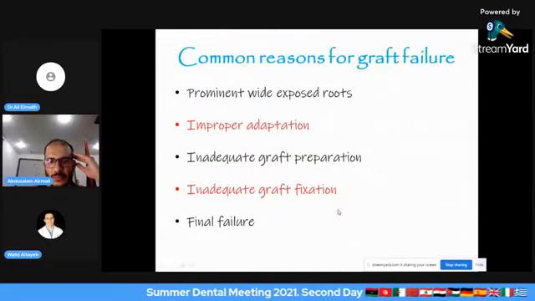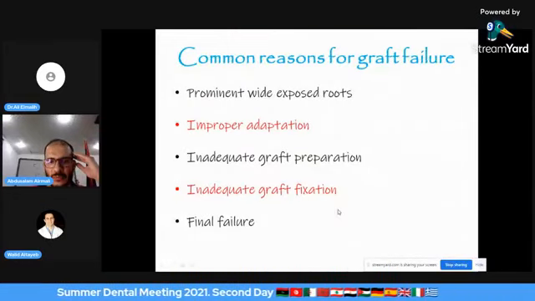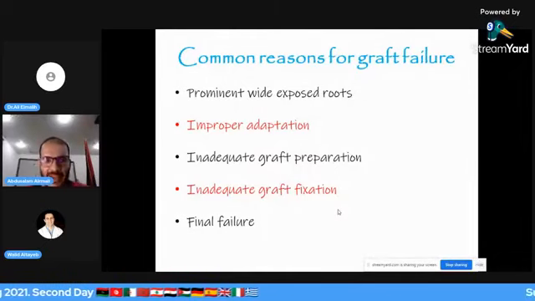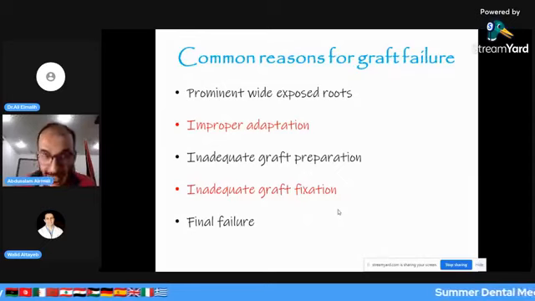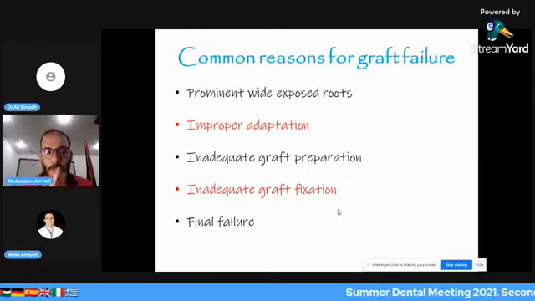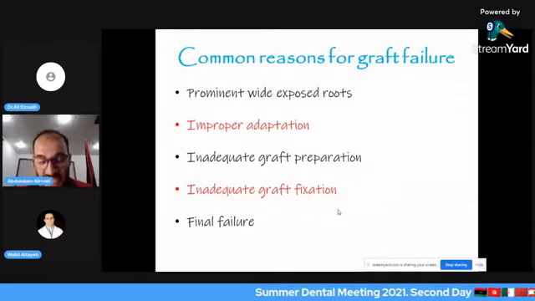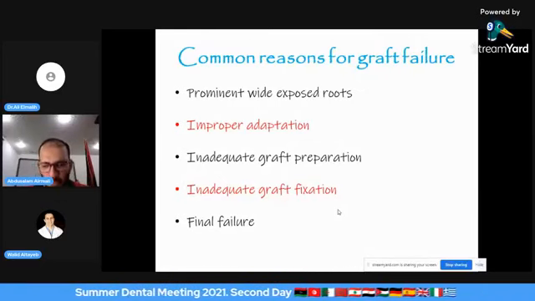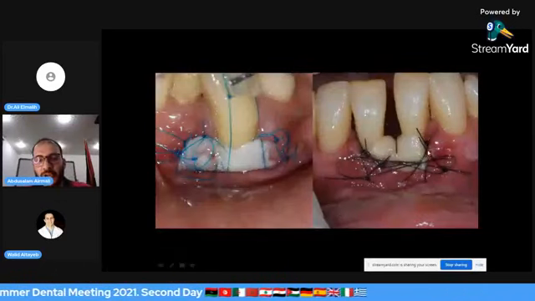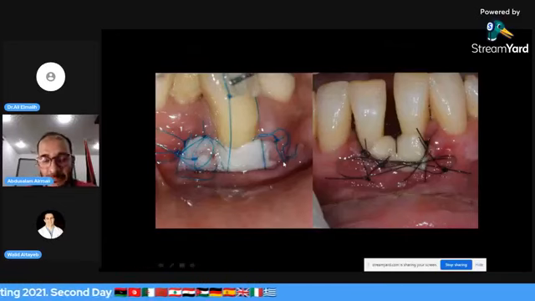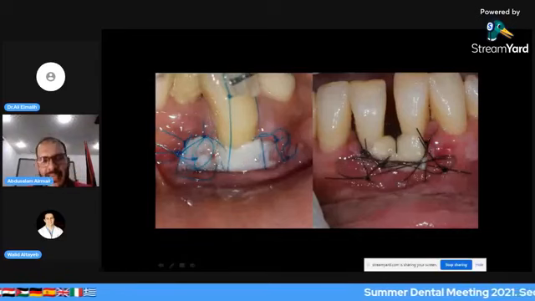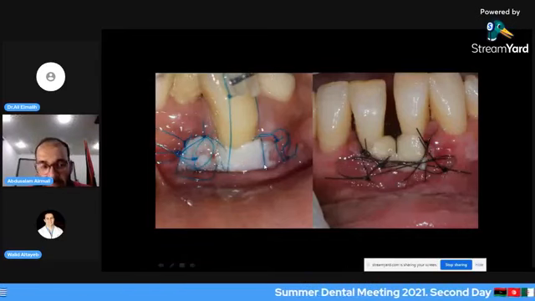So the last thing, the common reasons for graft failure. There are many factors that may cause graft failure, but the 2 main important factors are improper adaptation of the graft and inadequate graft fixation. These are the 2 main factors, because in those cases of mine, from maybe 5 or 6 years ago, I didn't extend the graft properly.